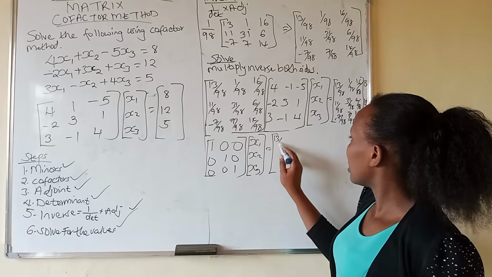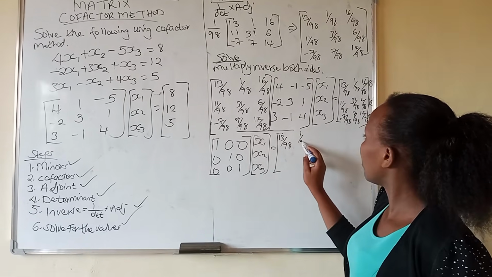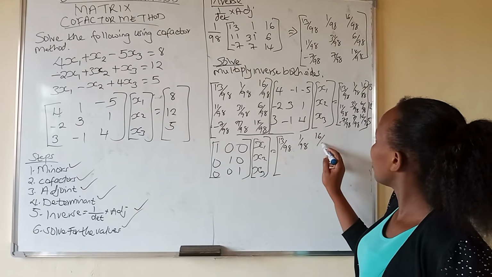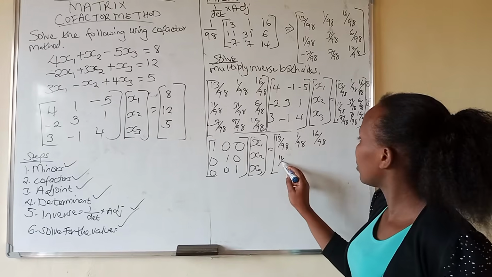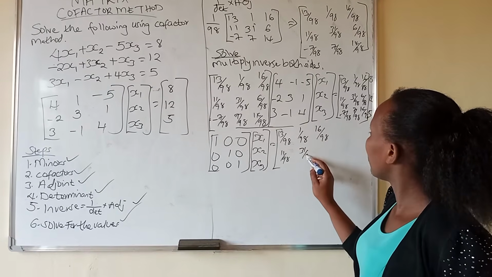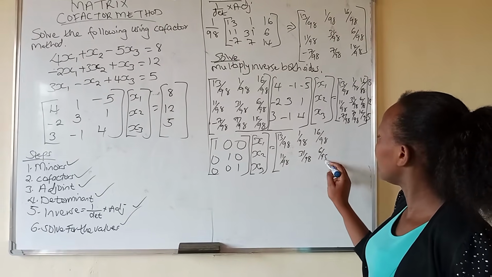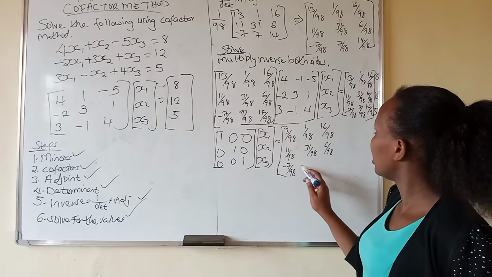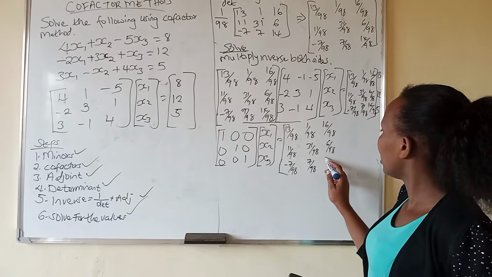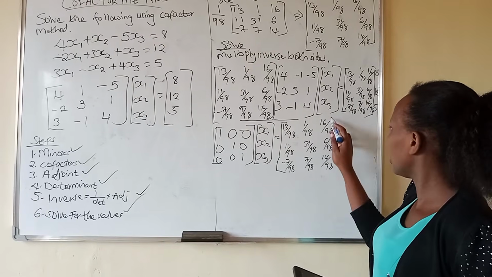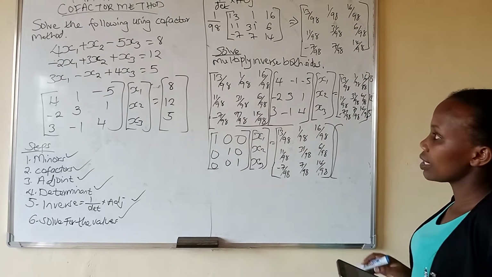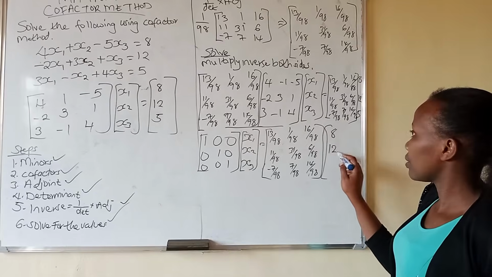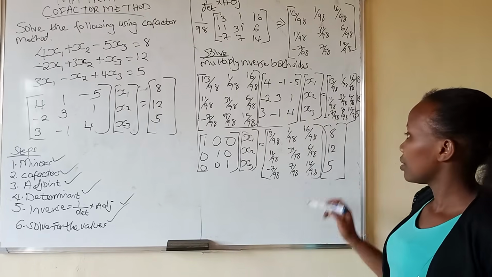The one that is 13 over 98, 1 over 98, 16 over 98, 11 over 98, 31 over 98, 6 over 98, negative 7 over 98, 7 over 98, and 14 over 98. You multiply it with 8, 12, and 5.